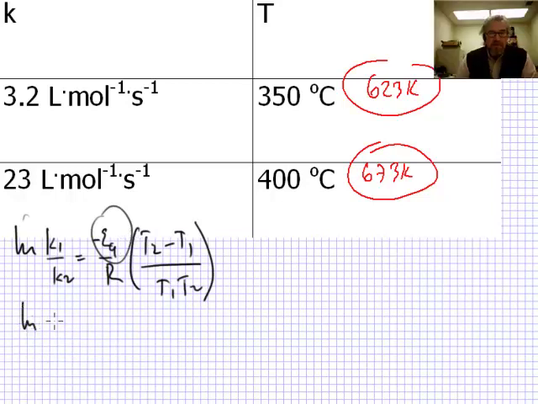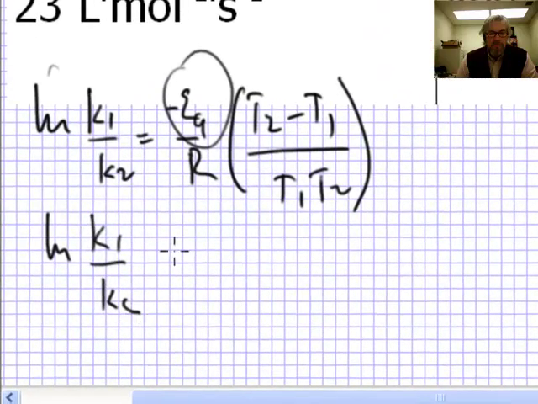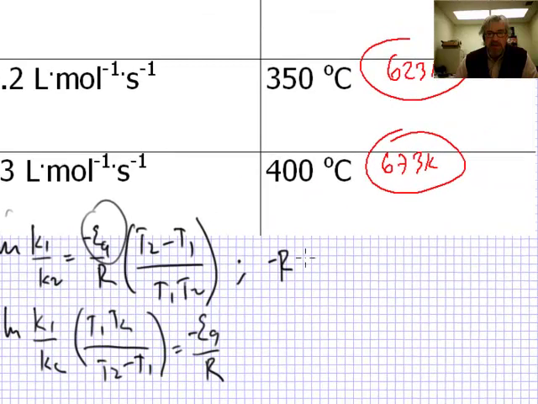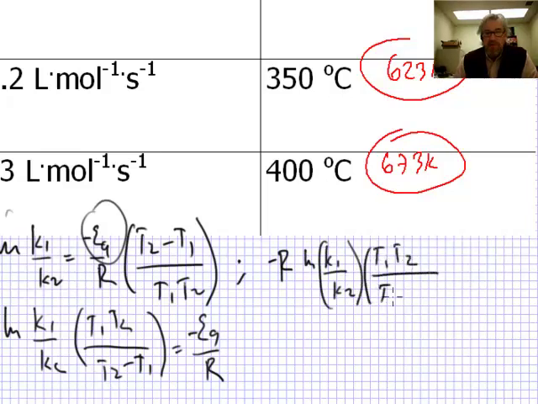The natural log of k1 over k2 times T1 T2 over T2 minus T1 would be equal to minus Ea over R if I just divide both sides by the temperature containing term on the right hand side. So then I'll multiply both sides by R, and I'll actually multiply by negative R: minus R times natural log of k1 over k2 times T1 T2 over T2 minus T1 is equal to Ea.